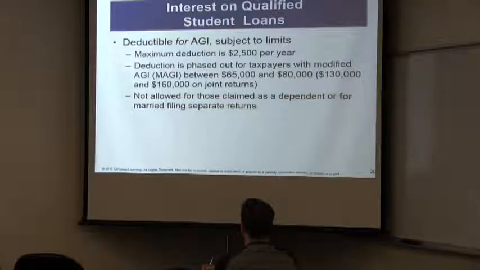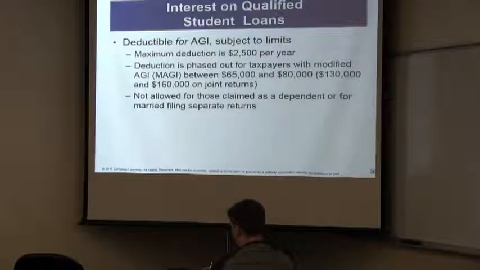You only get $2,500 per year. That's it. If you are married, you do not get $5,000, you get $2,500. And if you're married filing separately, you get 0.